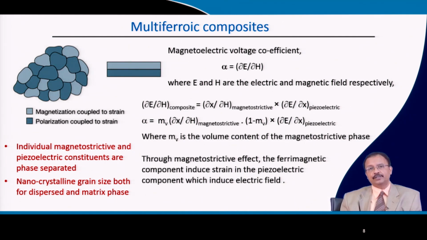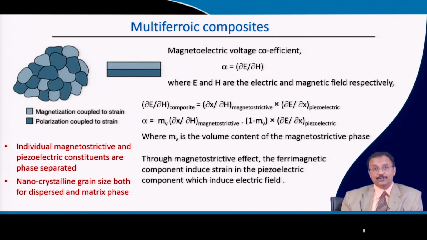Now, each of these ferrimagnetic grains is very strongly attached side by side with a piezoelectric grain. So, this strain will induce voltage. Eventually, due to this magnetoelectric coupling, you apply a magnetic field and you get an electric field out of this material, which is quite interesting.